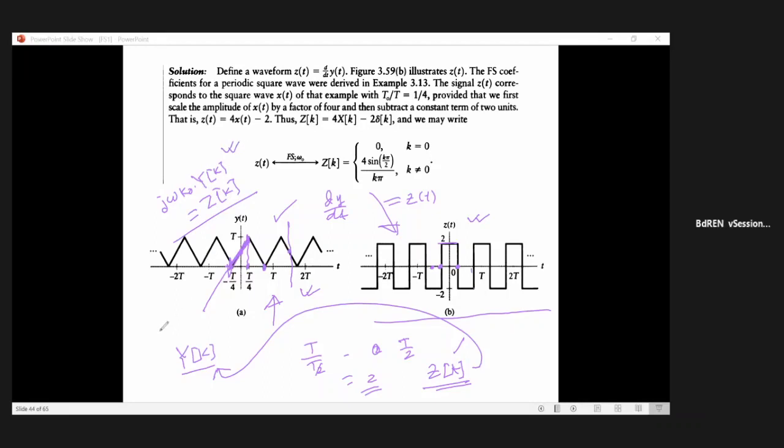But Yk would be equal to Zk over j omega 0 k. Then you see that at k equal to 0, that means if you want to calculate the average value, that cannot be calculated by using this equation. So your y0 constant should be determined separately, isn't it? Otherwise, this equation cannot be used. Y0 can be determined by inspection from your signal, by taking the average value over one period of your signal.